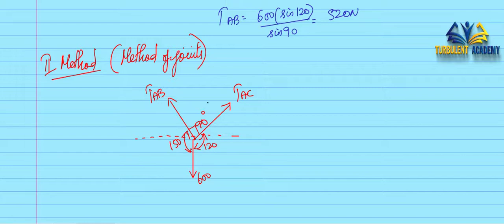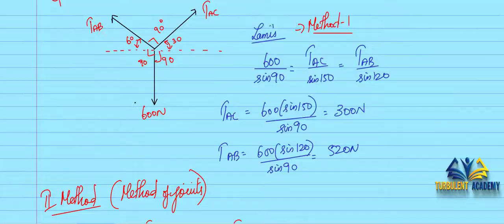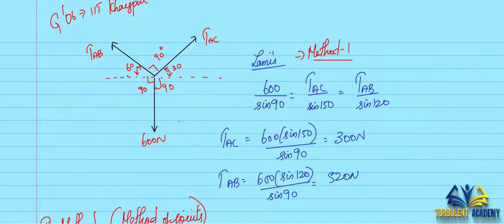Now let's solve this. Summation of vertical forces is equal to 0. Going down is negative, going up is positive. You could resolve this into 2 aspects. With the horizontal it is 30 degrees, and with the horizontal it is 60 degrees, as given in the question.